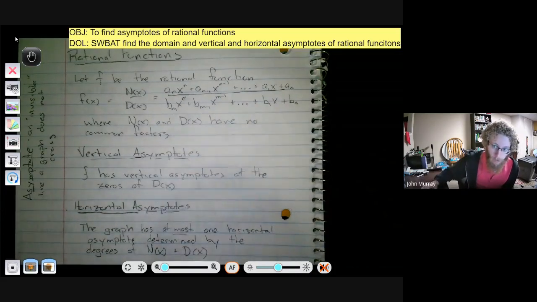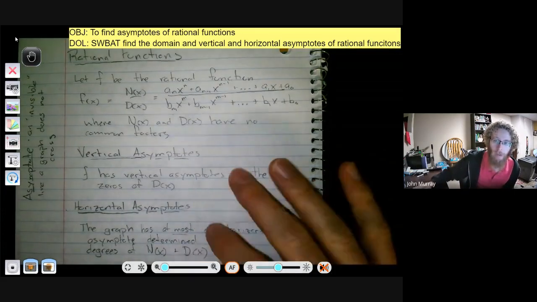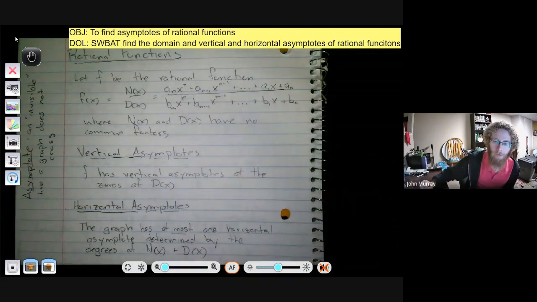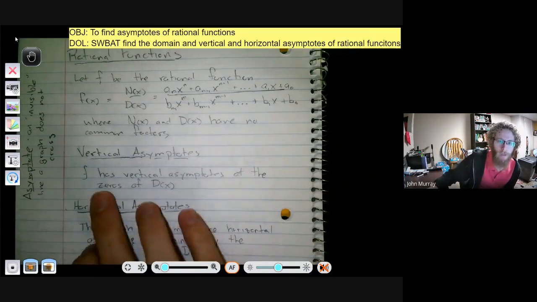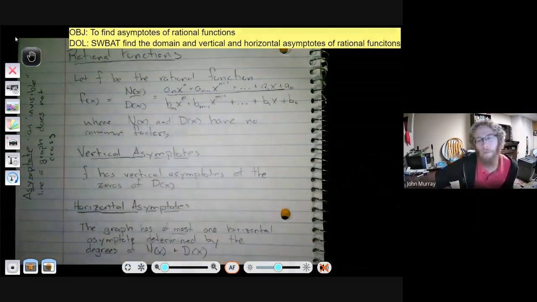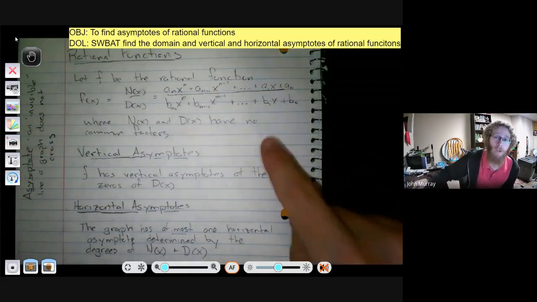So every rational function has two asymptotes. It has vertical asymptotes, and that we saw, it has vertical asymptotes at the zeros of your denominator. Let me remind you: yesterday we talked about how we can't have 0 in the denominator.